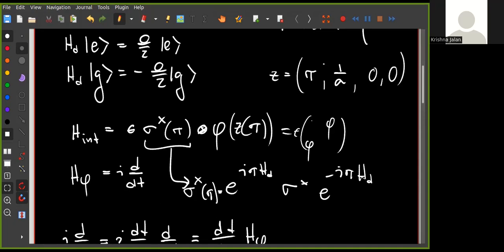Right. And if I'm clear here, there are two Hilbert spaces we are talking about. One is a two-level system, and then the Hilbert space of the Fock space, maybe for the quantum field. Yes. So the phi operators will act on that particular quantum field state. Yes.